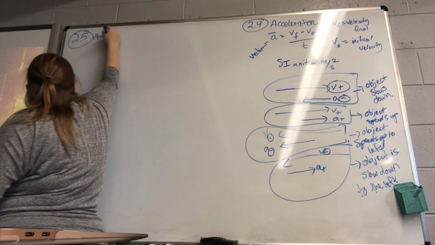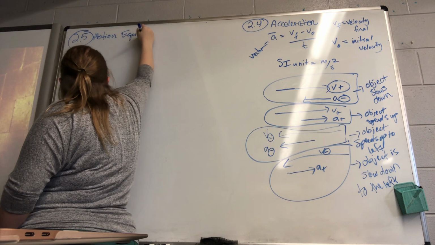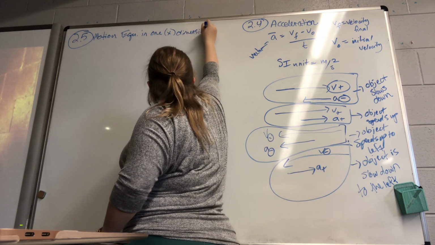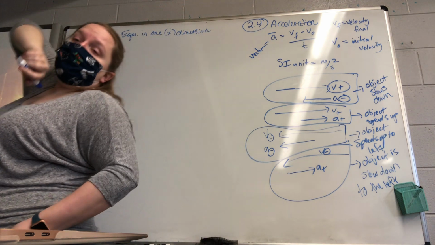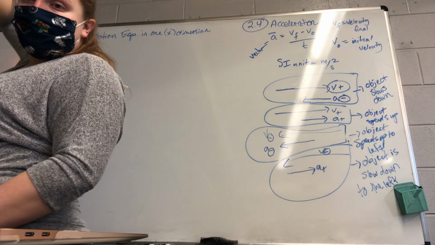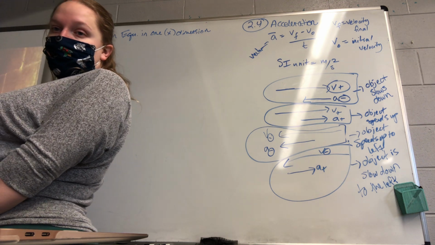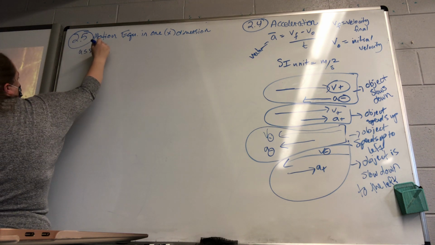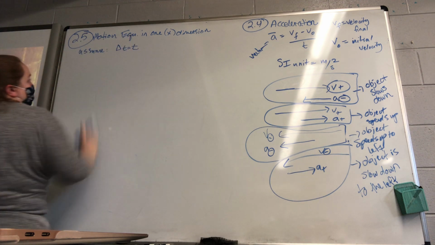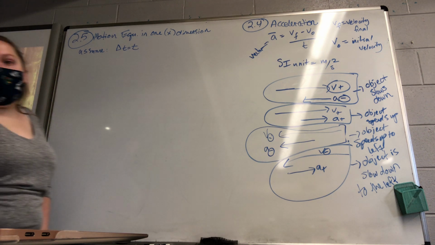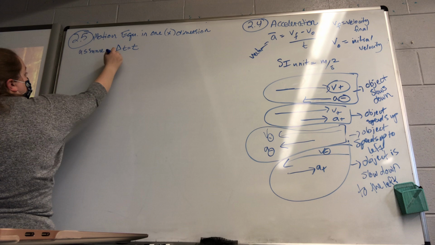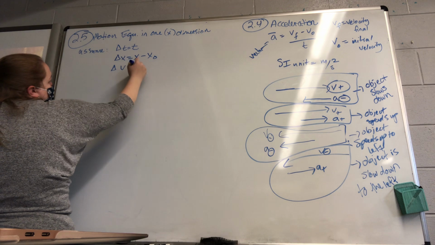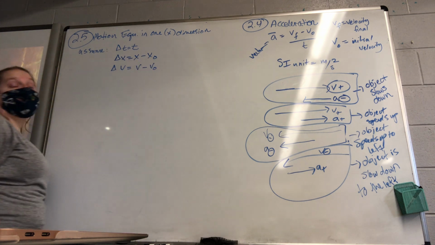Motion equations in one dimension. For this particular one, it was the x dimension. So if we're talking about one-dimensional motion, which means usually the x direction, a couple of things that we are going to assume. Remember we said delta t is t. We said delta x would be, these are all of our assumptions.